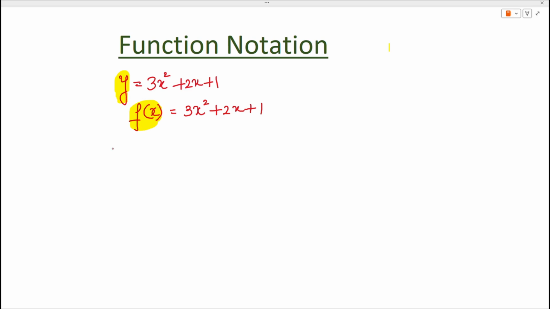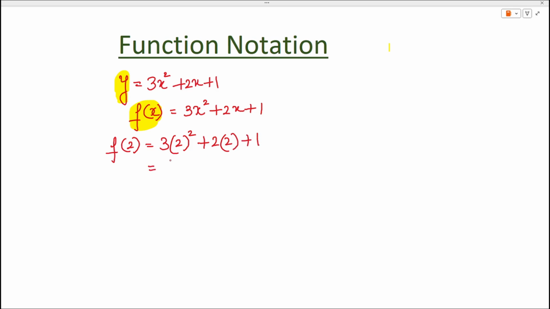Now, if we have been told to find f of 2, what we just need to do in this function is replace the x in the equation by a 2. So this would become 3 times 2 squared plus 2 times 2 plus 1.